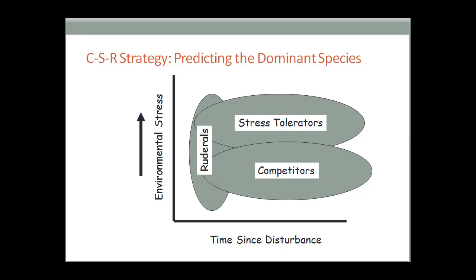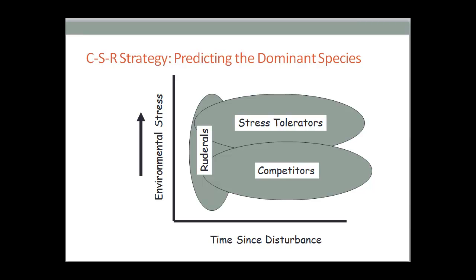As we increase the time since disturbance, those ruderal species will disappear. We saw that, for example, at the Arnott Forest when we were in the oak, and as we were walking up that hill, we saw beech in the understory, and the overstory was red oak and big-tooth aspen, and the big-tooth aspen were dying. This was a forest we talked about being on the order of 100 or so years of age.